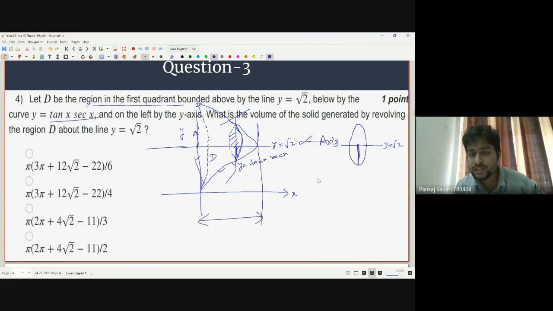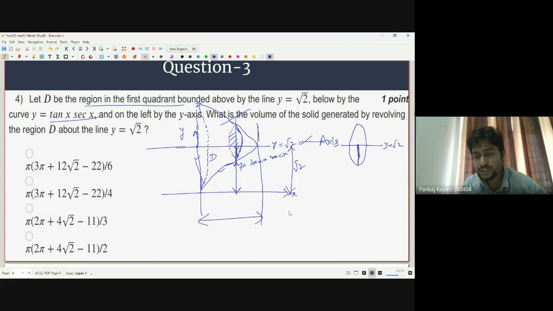So how much is this distance? Okay, so you can calculate this distance by first finding this distance. You know that this whole distance from here to here, how much is it? It is root 2. So if you find out this particular distance, then you can subtract it from root 2 to get the radius.